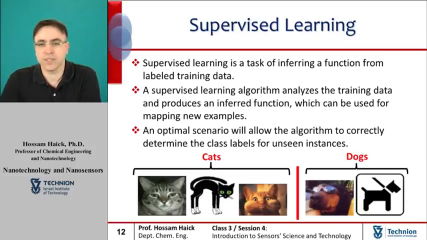The fourth step is to determine the structure of the learned function and the corresponding learning algorithm. Now, we will move to the fifth step. And indeed, the fifth step is to complete the design, namely to run the learning algorithm on the gathered training set.